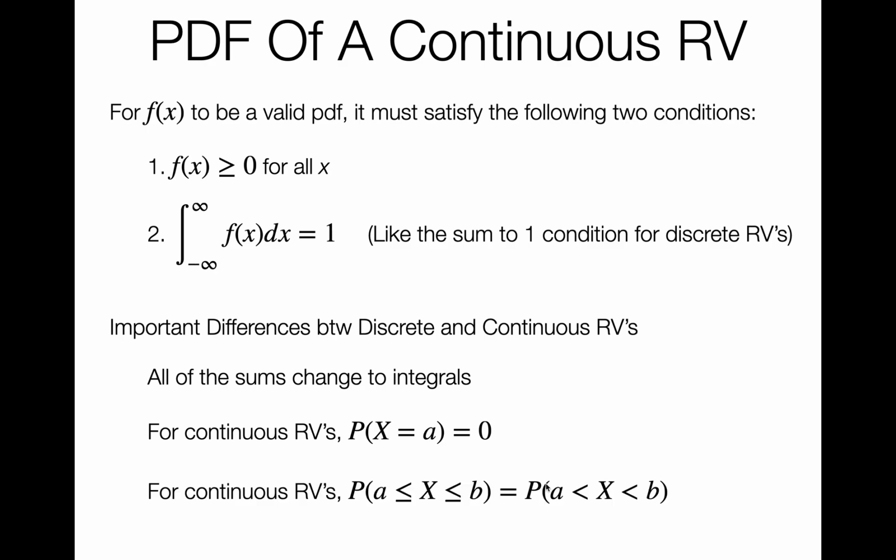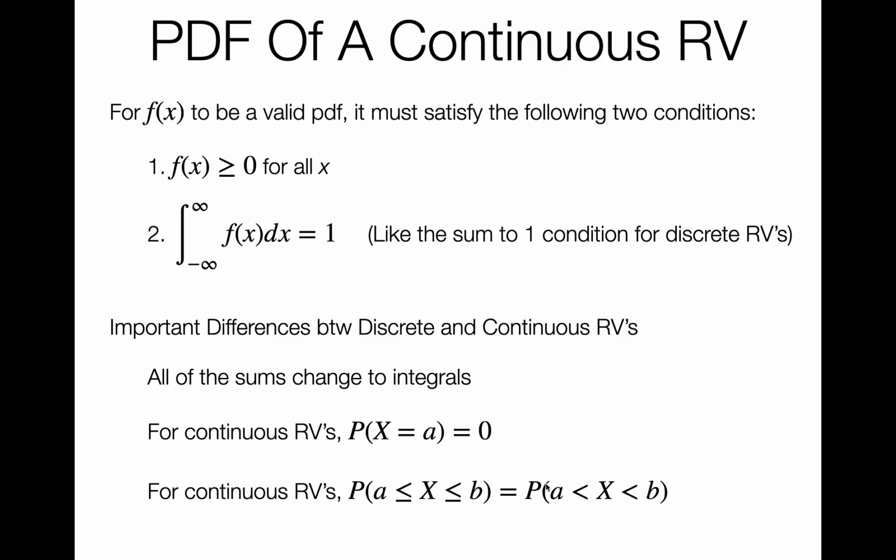Now, this also has another important consequence, and it's something that we harped on a lot for discrete: the difference between less than and less than or equal to. We had a lot of pains of inclusive and exclusive, what that means, how that changes. For continuous random variables, it doesn't matter.